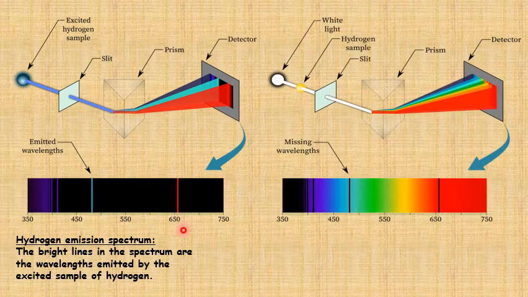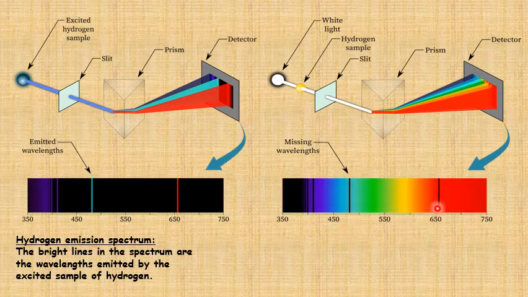On the other side, the same idea, but now we use white light to excite the hydrogen atom. So we put the hydrogen sample between the white light and the slit. That means here the hydrogen atom will absorb a part of this white light, and then the light also will be analyzed by the prism, and it will give us this picture.